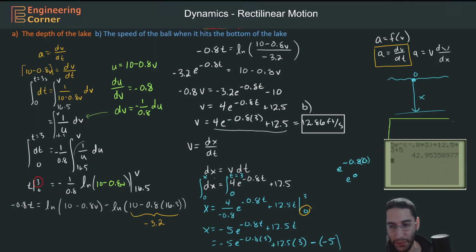And we get plus, doesn't seem right. Where did I mess up? There we go. Forgot the minus. So this is equal to 42.05 feet.